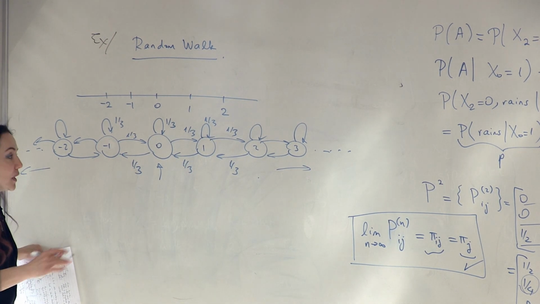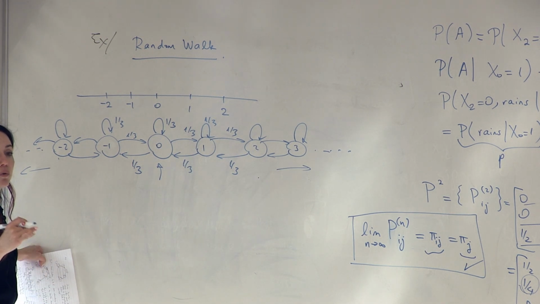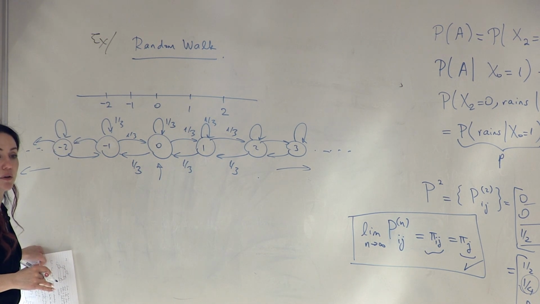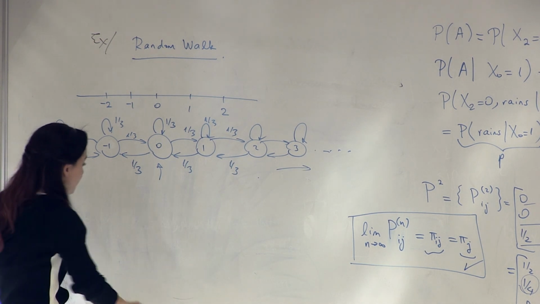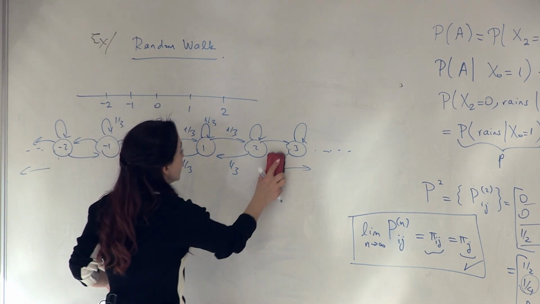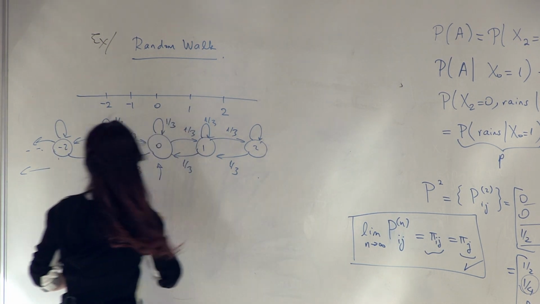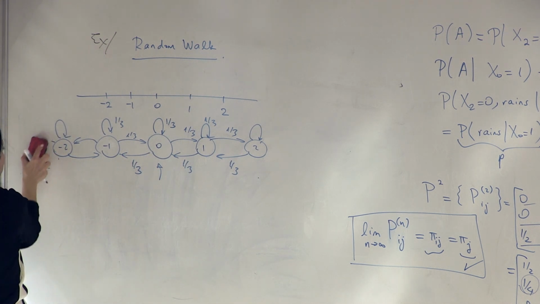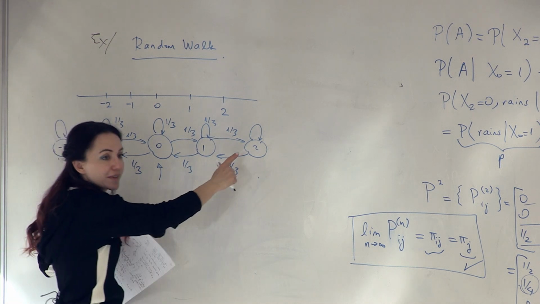So I'm claiming that we can modify this chain to find another Markov chain on which we can answer our question. That modified Markov chain is obtained by truncating the Markov chain, but we need to fix these probabilities.